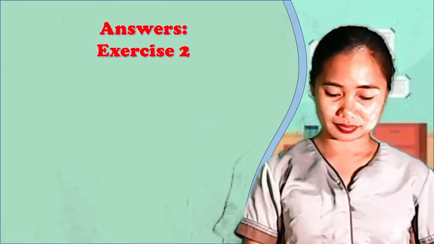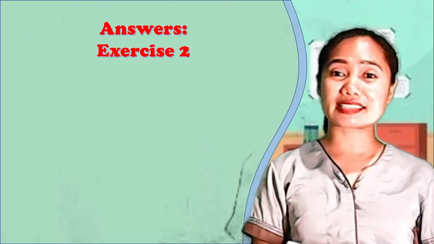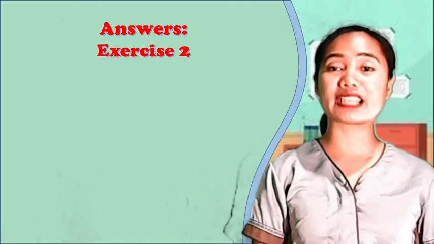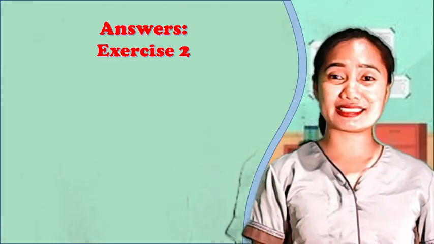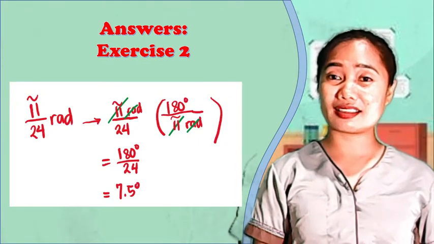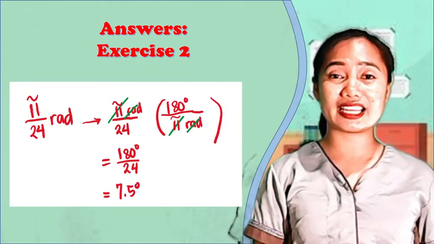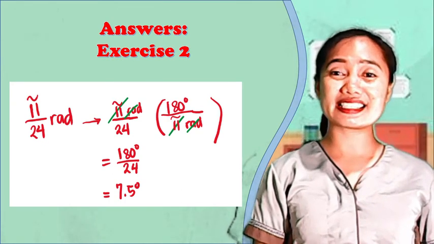Let's continue to answer our exercise 2. For exercise 2, number 1 is to convert pi over 24 radians into degree measure. So we should multiply it with 180 over pi. Pi is cancelled.